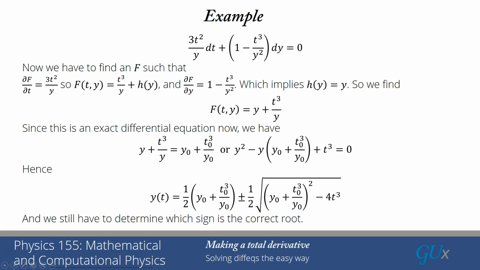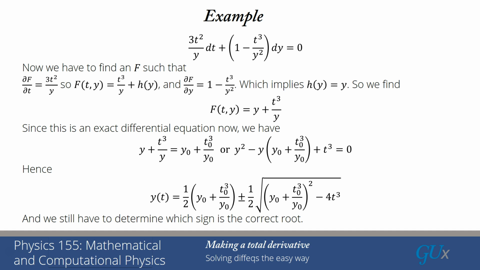So the way in which you determine the sign is we set t equals t0, and if you look at expanding out that quadratic expression, you'll get y0 squared plus 2t0 cubed plus t0 to the 6th over y0 squared. And if I subtract 4t0 cubed, that becomes (y0 minus t0 cubed over y0) quantity squared. I take the square root of that, I get y0 minus t0 cubed over y0. And now I have to worry about it, it's really the absolute value of that.